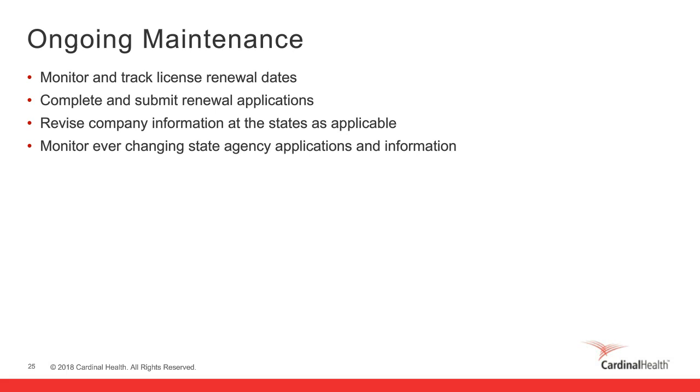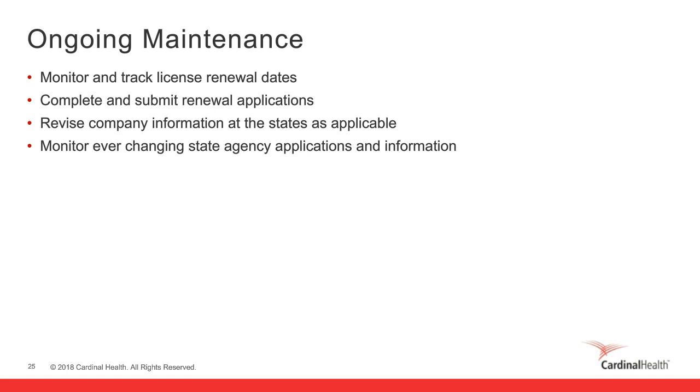Depending on the state, the renewal may be completed via a paper application with a wet signature, while other states have an online renewal. Now, the online renewal often includes uploads of supplemental documents to the state licensing website.